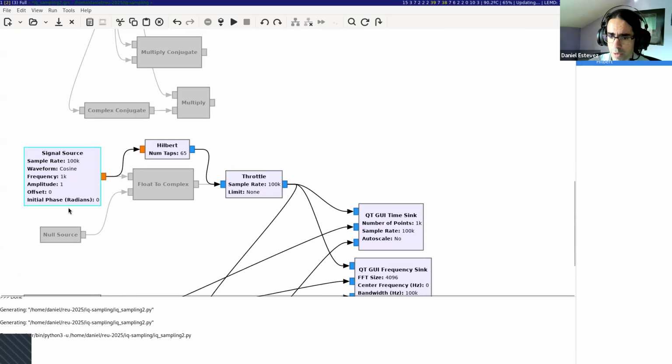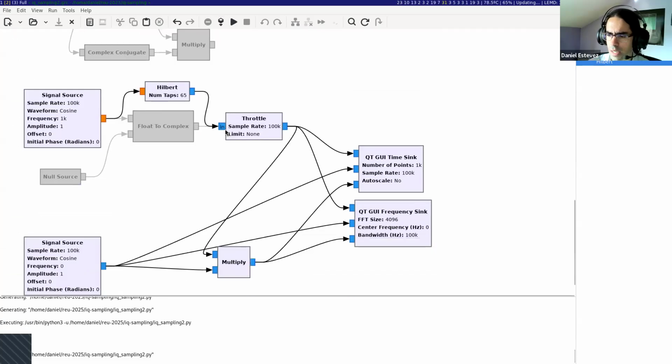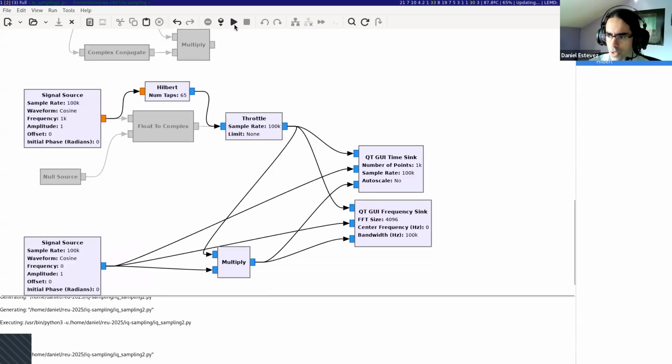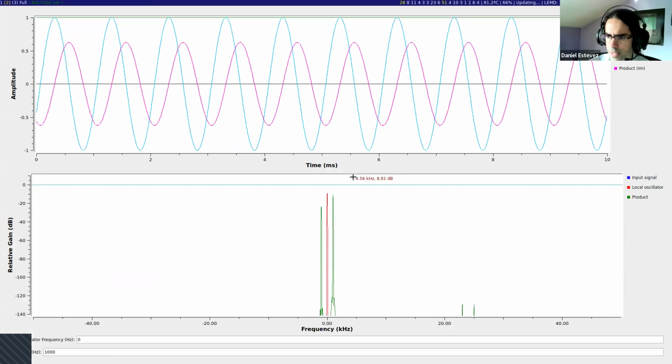If I give you a cosine function in the real part, then give me the same cosine in the real part, but also give me the corresponding sine function. That is the same cosine delayed by 90 degrees on the imaginary part. That is called the conjugate function of the input.